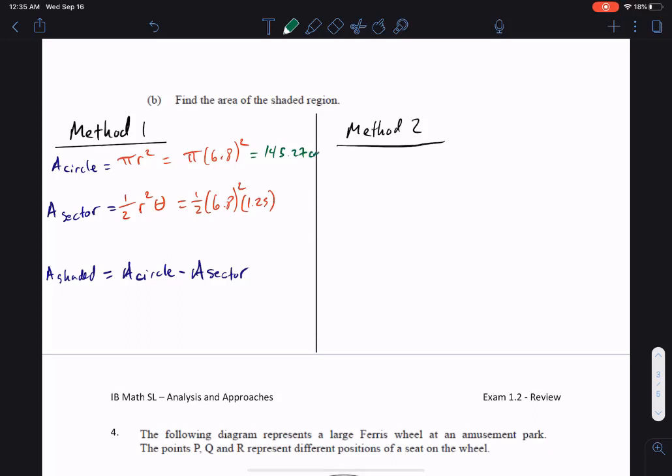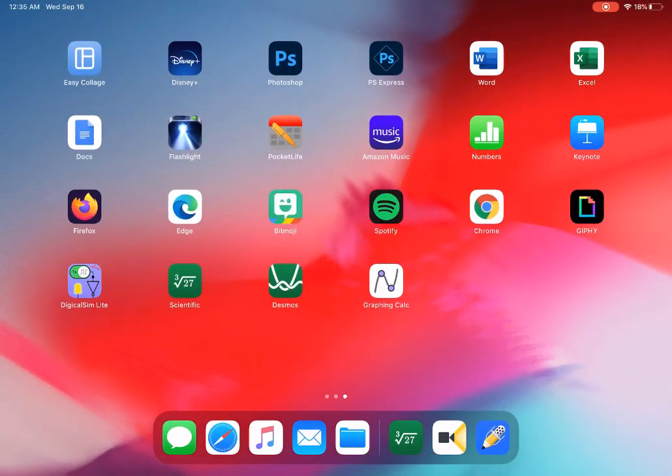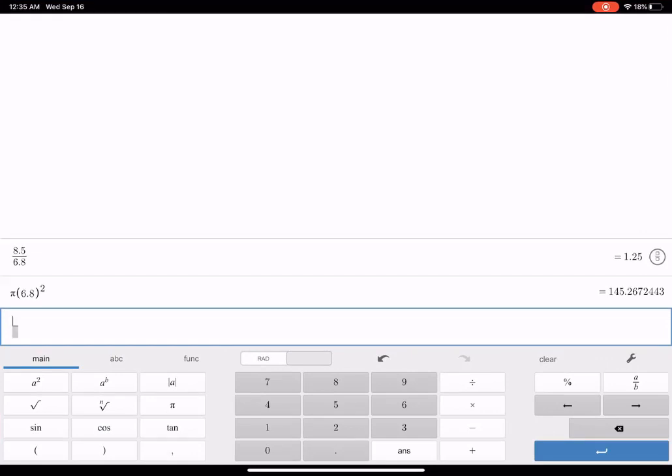That'll be in square centimeters, if you care about that. And this part will be 1/2 times r squared, which is again 6.8 squared, times theta, which is 1.25.